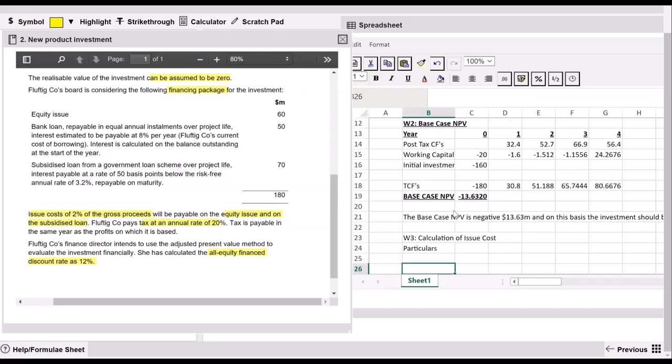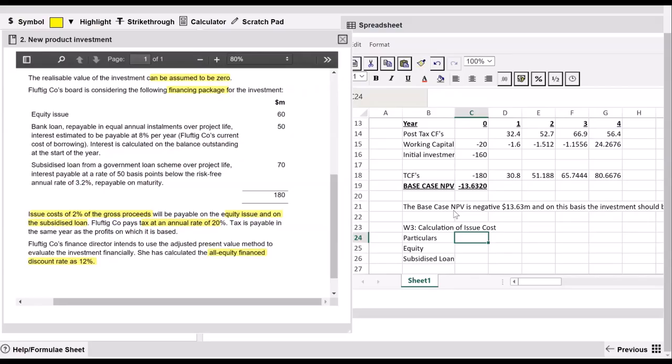What funds do we have? We have equity, and the issue cost is there only for the subsidized loan. And how much is the amount raised? This one is 60 and the other one is 70.